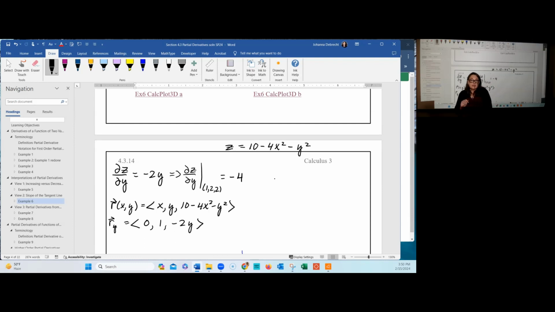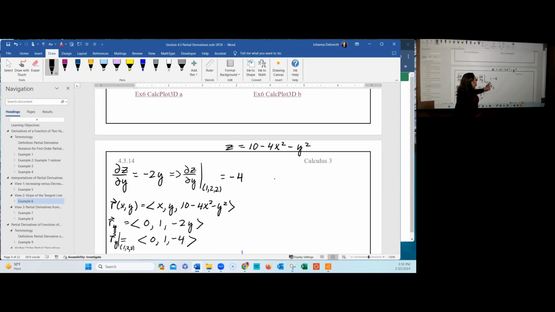The next thing we need to do is evaluate that at our particular point. In this case, we want to evaluate it at 1, 2, 2. So evaluating that partial derivative at 1, 2, 2 leads us to the direction vector 0, 1, negative 4.